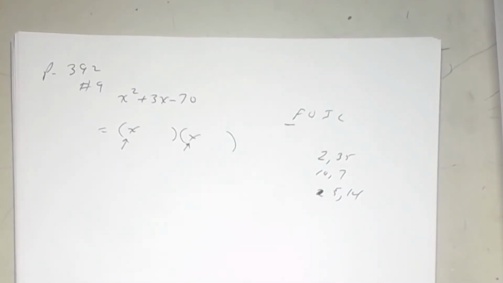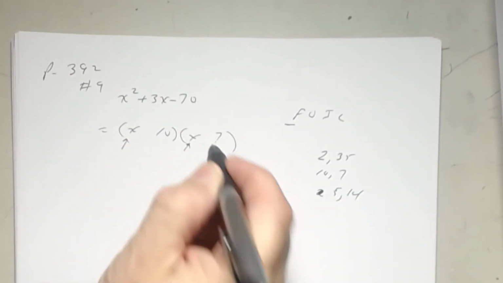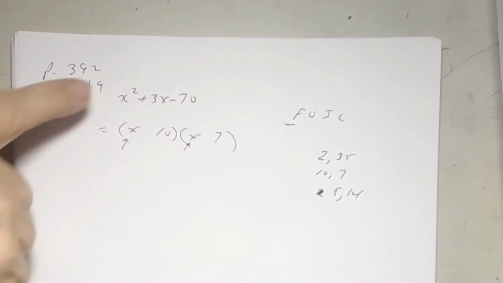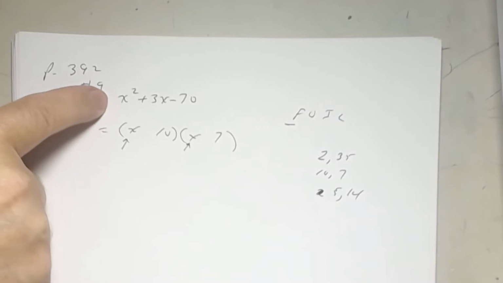It does not matter where we put the 10 or the 7. You're going to check your work. So let's say the 10 goes here, the 7 goes here. Now, again, one's going to be positive, one's going to be negative. For right now, let's just do this trial and error, because you're going to be doing that trial and error in the next section where these coefficients are no longer a 1. So you have to do the trial and error.